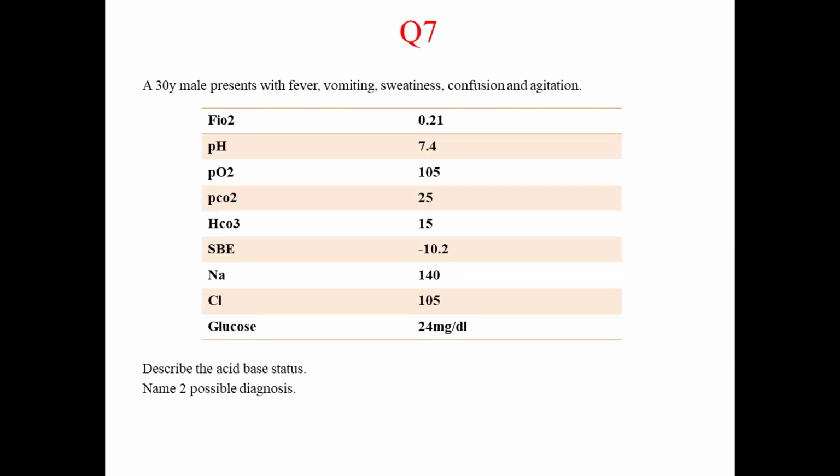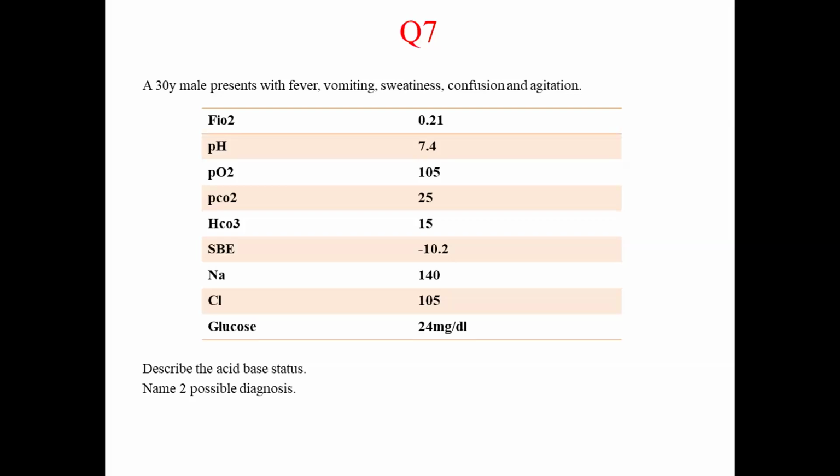Okay, so when it is 7.4, now coming to your history, what is the history mostly suggestive of? Fever, vomiting, sweating, confusion, agitation, and there is severe hypoglycemia which has happened here. Yes. And your SBE is how much?